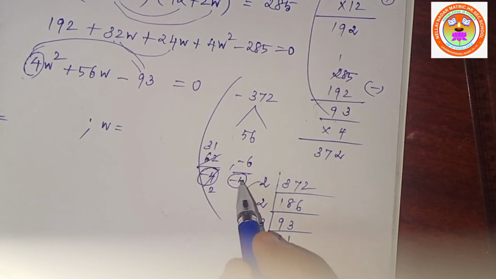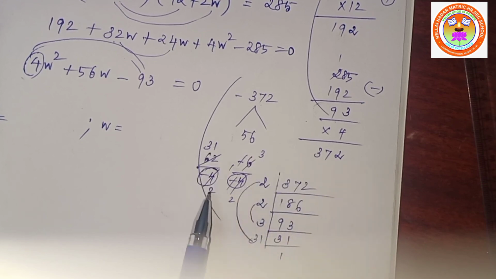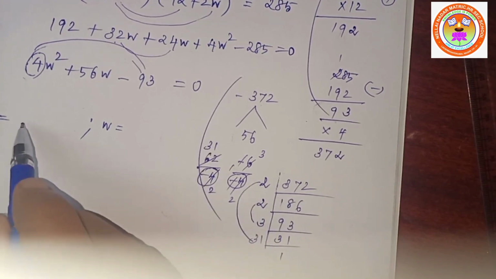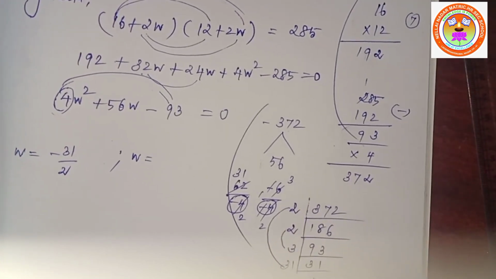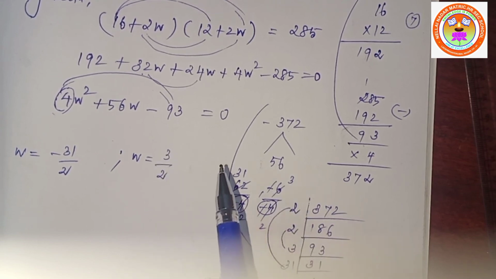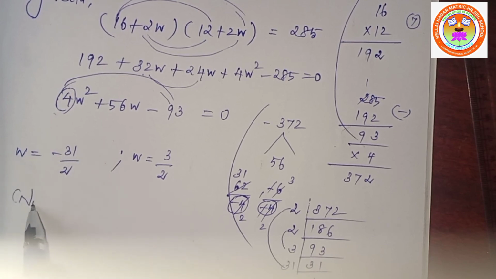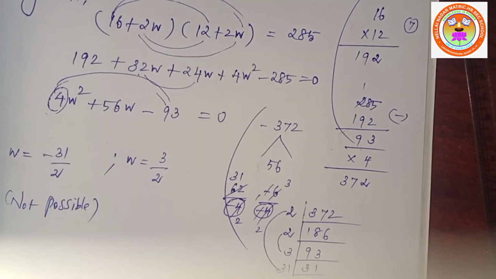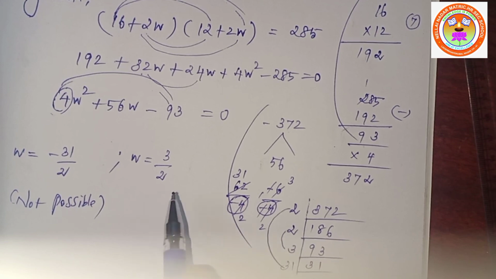Here also we can cancel, 2 table, 2 times, 3 times. 31 by minus 2, minus here, 31 by minus 2 equal to minus 31 by 2, and here 3 by 2. Generally, the width cannot be negative, therefore this is not possible. So W, that is equal to 3 by 2, that is the width of the path.